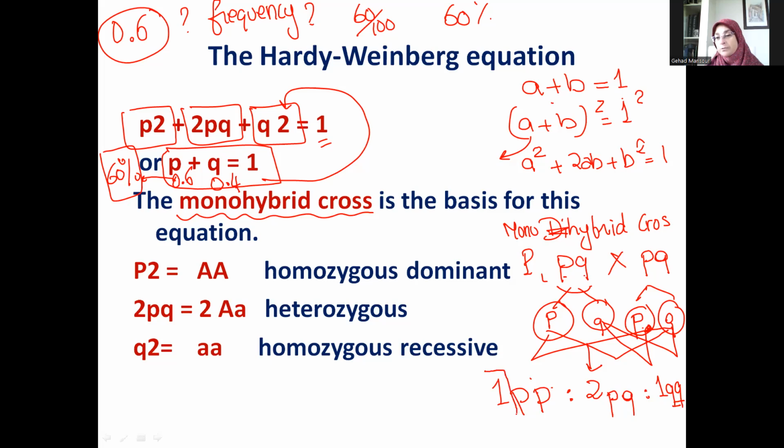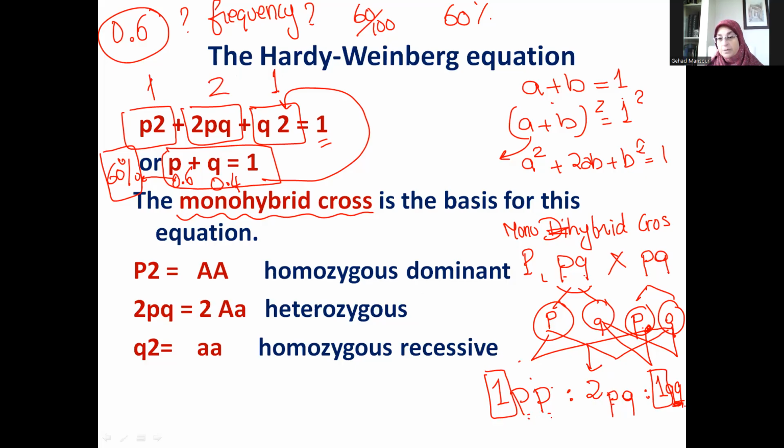So we have one individual that is PP, we have 2 individuals that are PQ, and we have 1 individual that is QQ. This is the ratio you have here, which is 1 to 2 to 1, the ratio of the monohybrid cross.